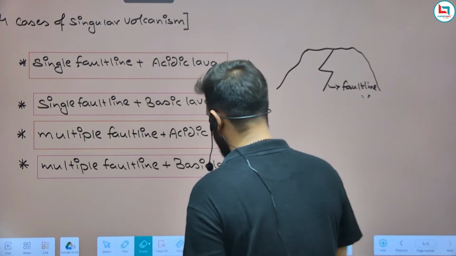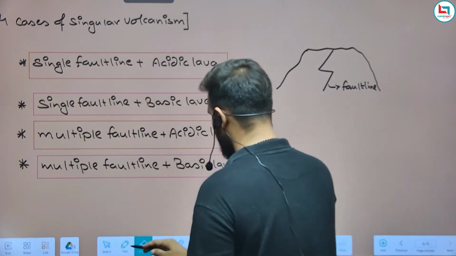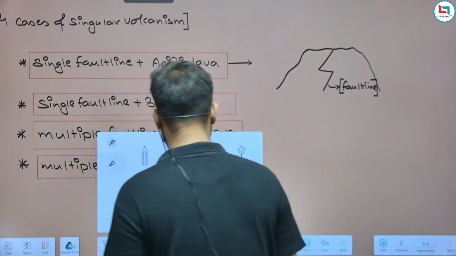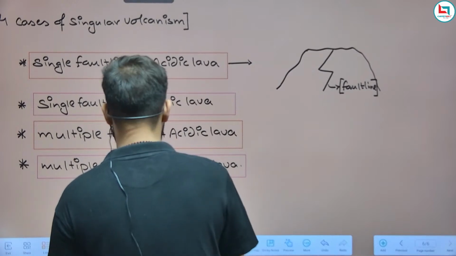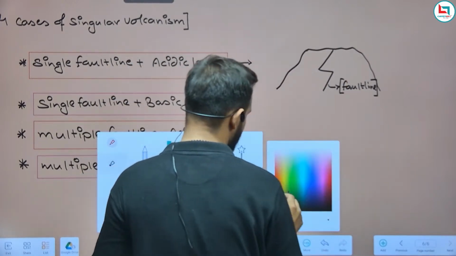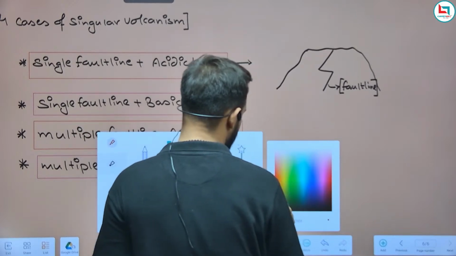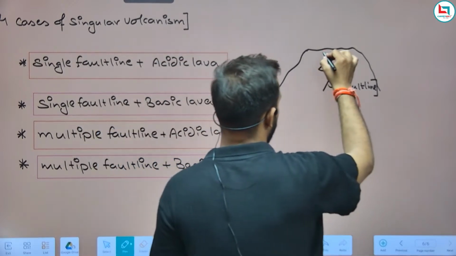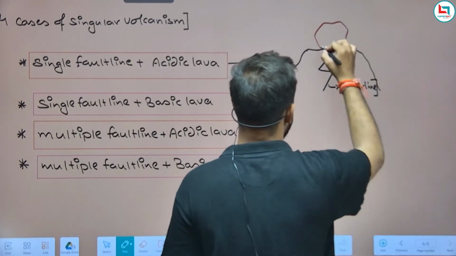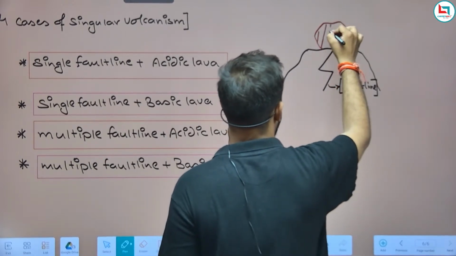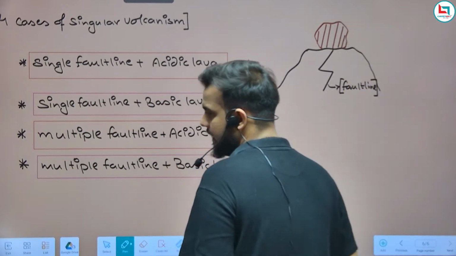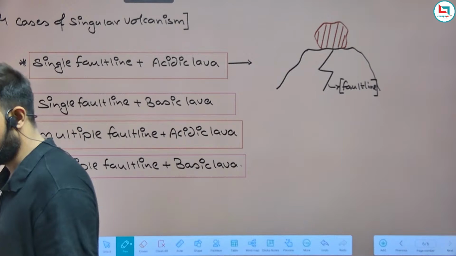From here, a huge amount of lava, in the reddish brown color, will come out and spread over the surface of the earth like this. With time, the temperature will decrease and it will solidify.